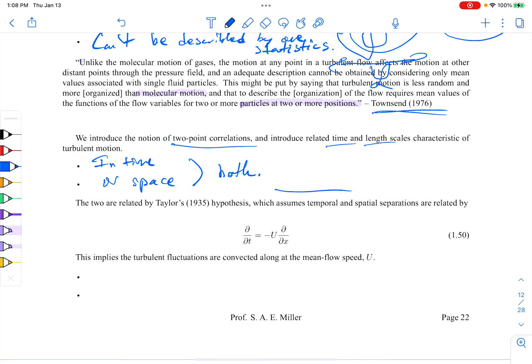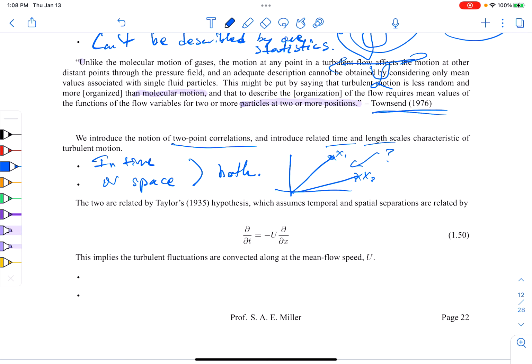So if we have a little coordinate system, we might say here's x1 and here's x2, and these are the locations where I might take measurements and find out something in between them. When we were talking about 1-point measurements, we might find an autocorrelation or a correlation between 2 quantities like u_i, located at the same position.